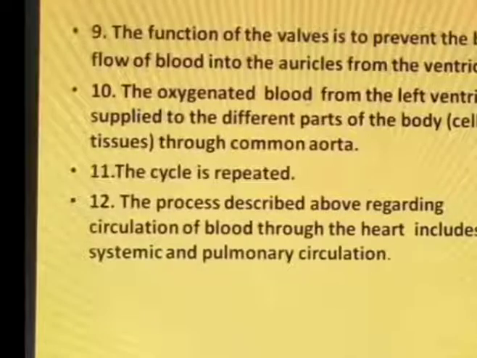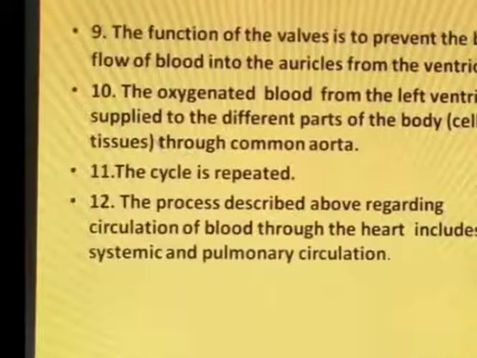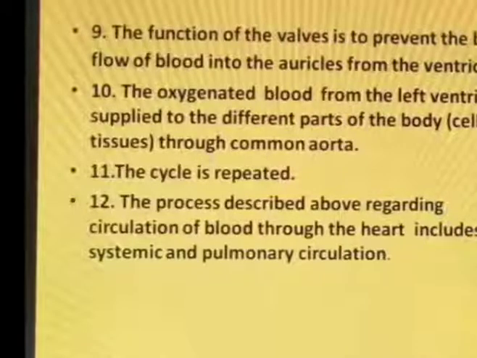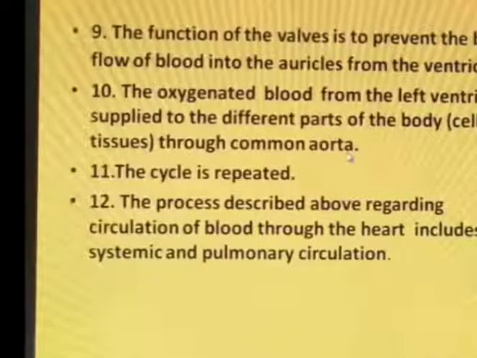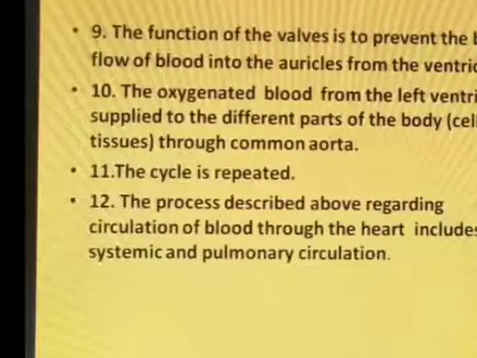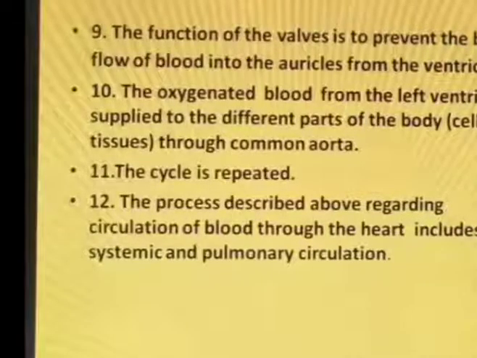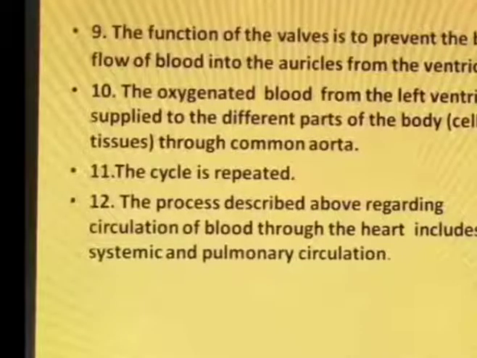So the oxygenated blood from the left ventricle is supplied to different parts of the body, that is cells and tissues, through the common aorta, where again deoxygenation of blood takes place, and this deoxygenated blood from different parts of the body is again collected by three main veins: superior vena cava, inferior vena cava, and coronary sinus from the heart muscle.